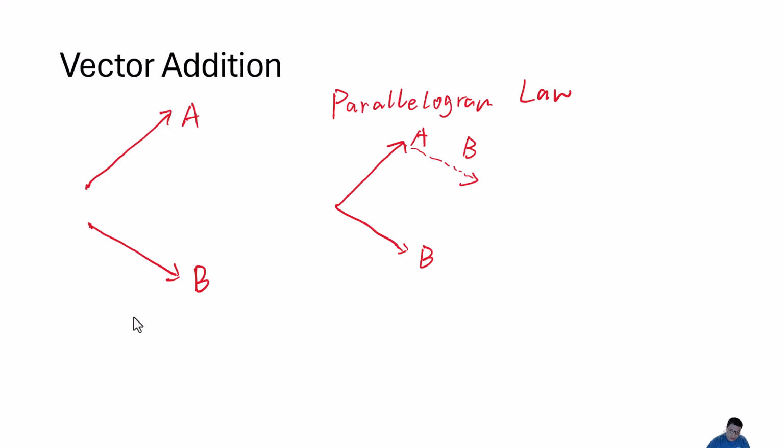To calculate the addition of vectors A and B, we just draw the diagonal. The new vector will be the addition of vectors A and B. Okay, that's how the parallelogram law works.